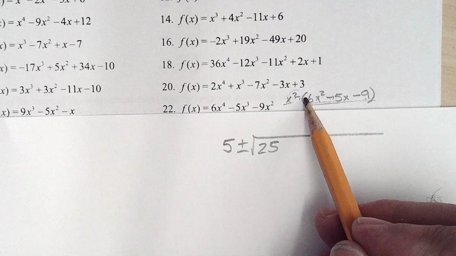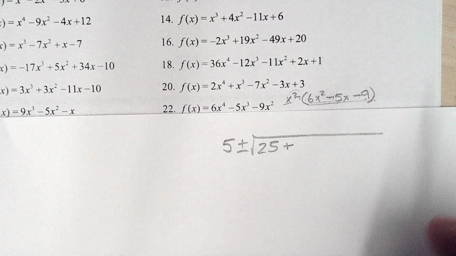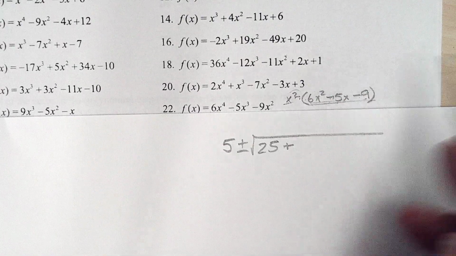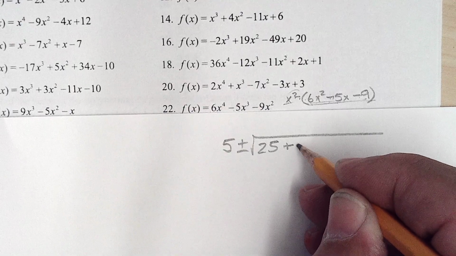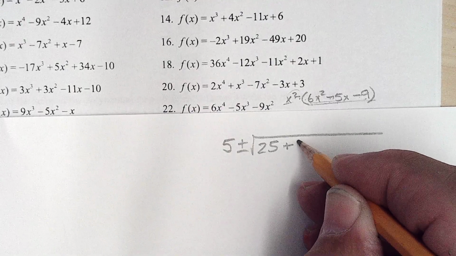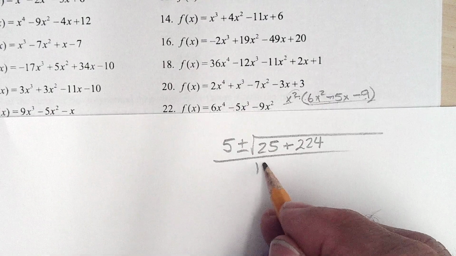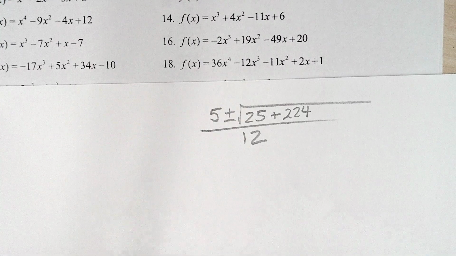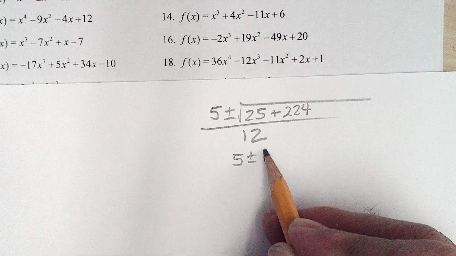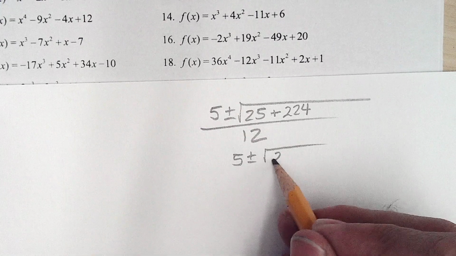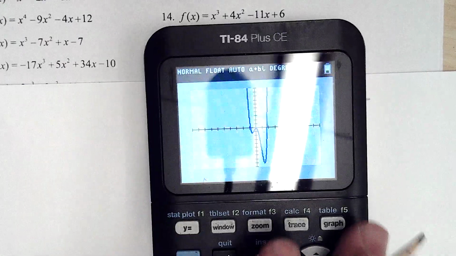Minus 4 times a times c, minus times minus is going to be plus, because there's two minuses, the minus 4 and the minus 9. 9 times 6 is 54, times 4 is 224. All over 2 times a. So I've got 5 plus or minus the square root of 249 over 12, if I haven't made a mistake.